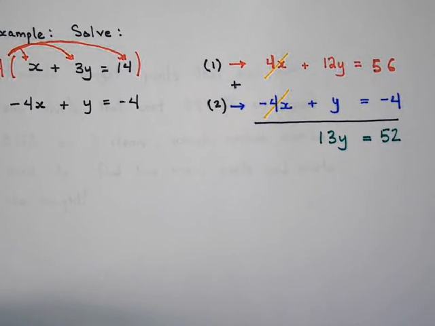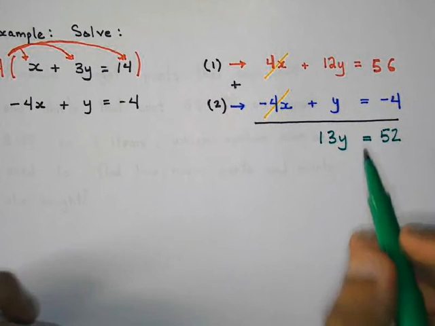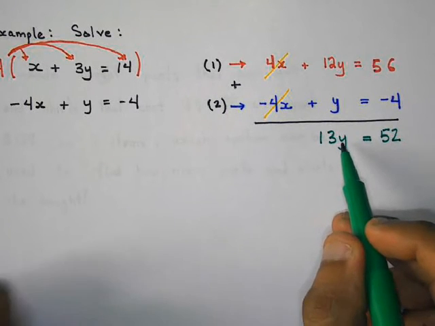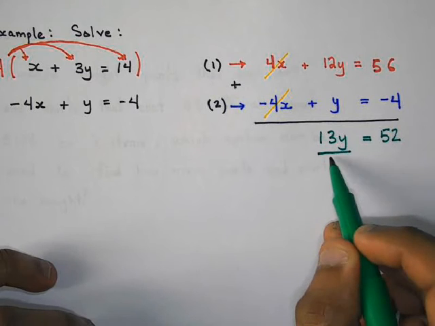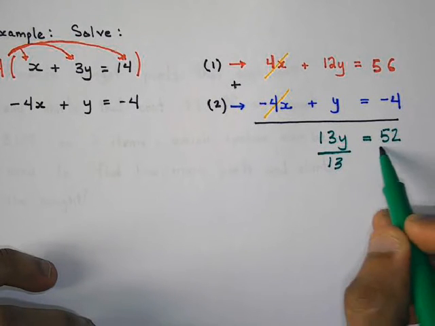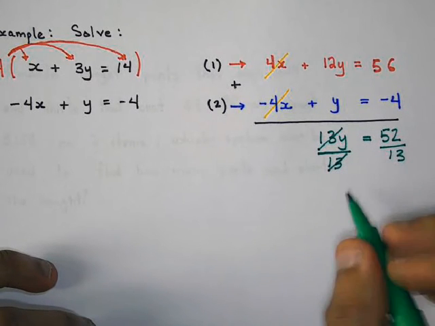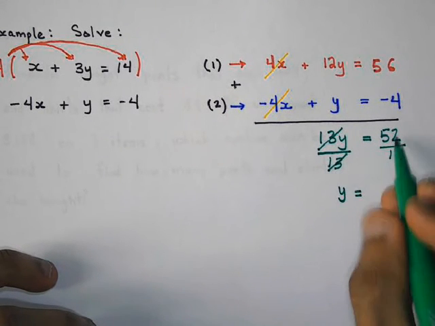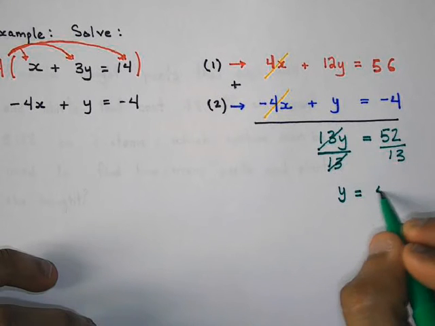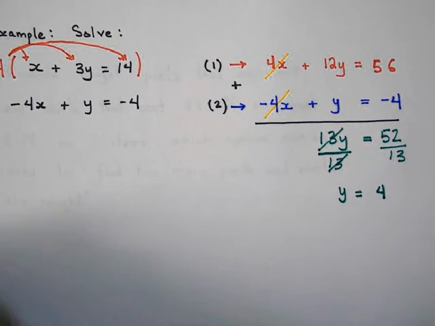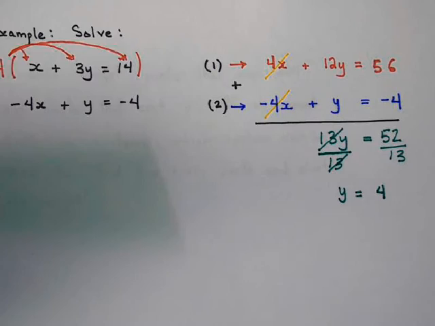Now, this is going to allow me to solve for the y variable. The way to get rid of the 13, well, I'm multiplying, so I'm going to divide by 13. So divide both sides by 13. This is going to reduce, leaving me with just y equals, well, 52 divided by 13 is 4. So now I have my solution for y.